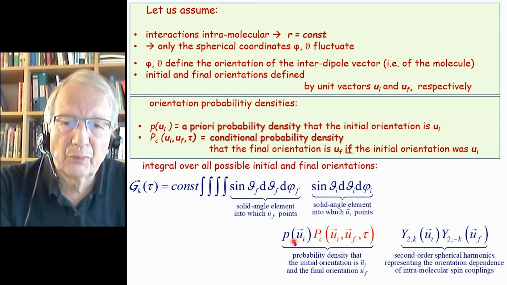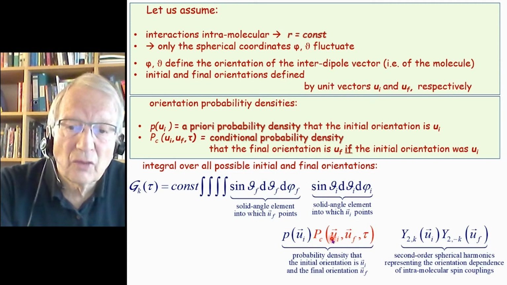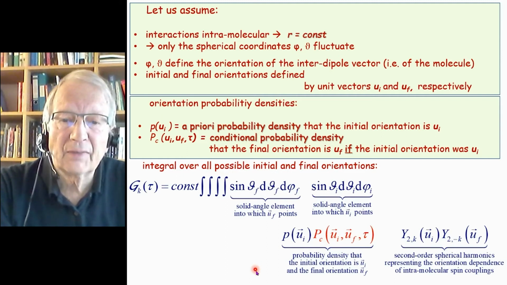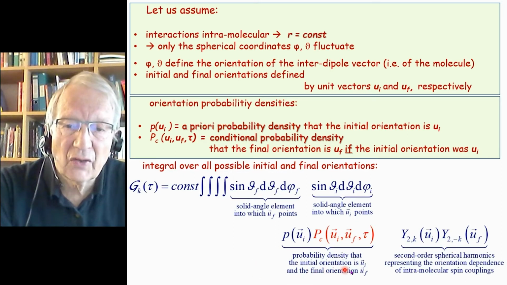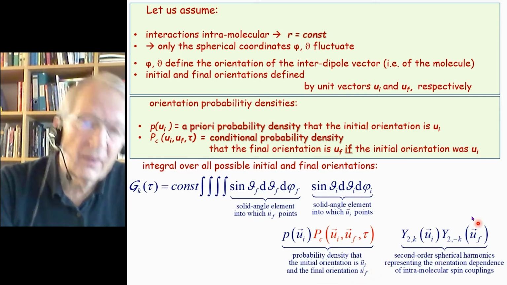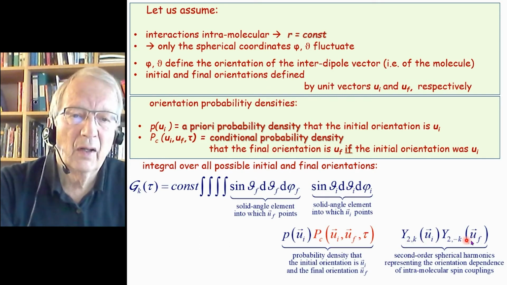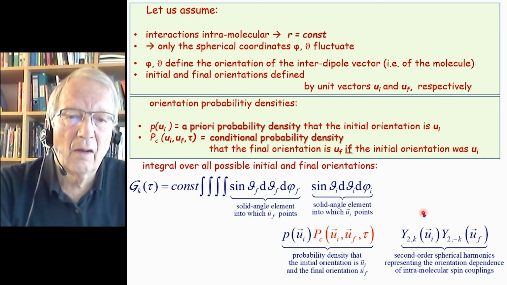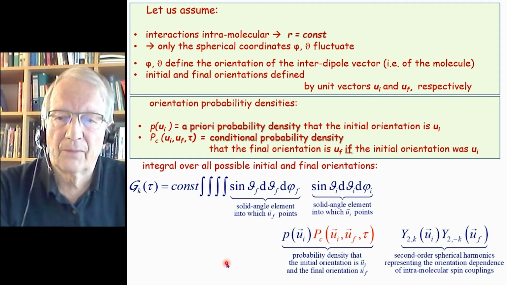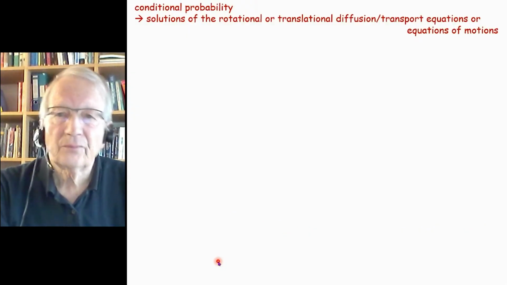So here we have the product of the a priori probability and the conditional probability. This product is just the probability density that the initial orientation is u sub i and the final orientation is u sub f. And this has to be multiplied by the respective spherical harmonics of second order. So this is the function we have to calculate.